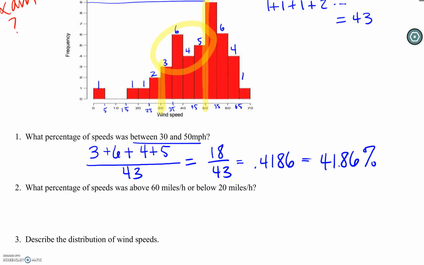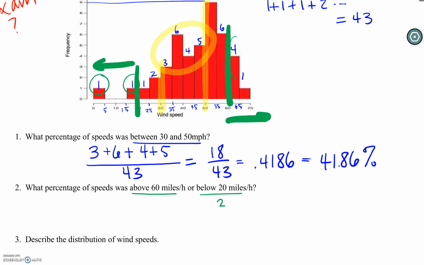Okay, next one. What percent of speeds were above 60 or below 20 miles per hour? So above 60, there we go, everything this way, right? Below 20, everything this way. So we can see which days actually fall into this. We got 2 over here below 20.